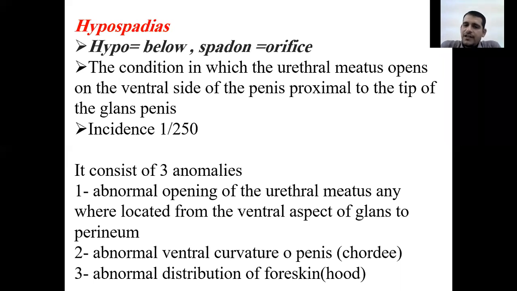abnormal ventral curvature, or chordae; and abnormal skin distribution. The penis of the baby presents with an opening below, and the ventral curvature is called chordae.